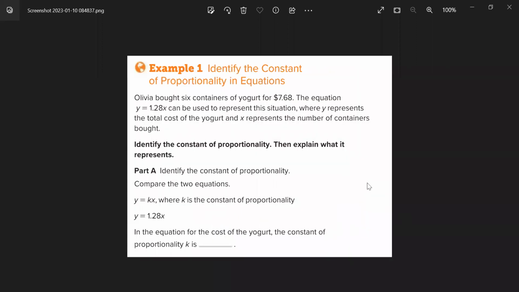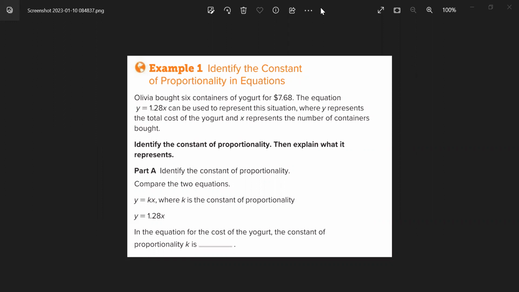Example number 1. It says, identify the constant of proportionality in equations. And it gives us a problem. Olivia bought 6 containers of yogurt for $7.68. The equation y equals 1.28x can be used to represent this situation, where y represents the total cost of the yogurt and x represents the number of containers bought.